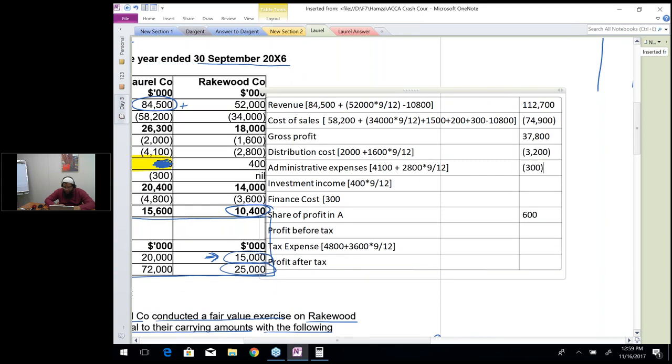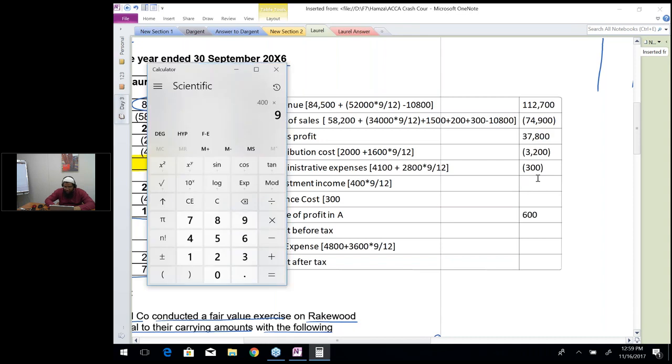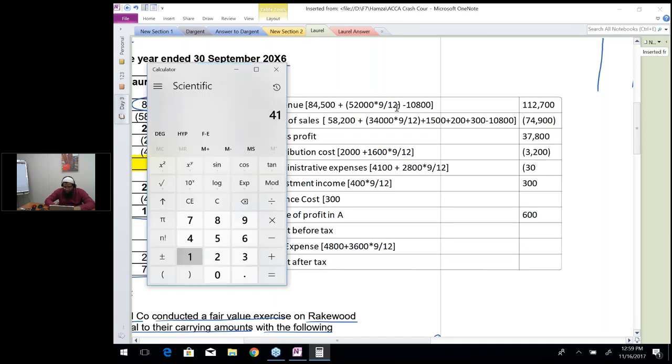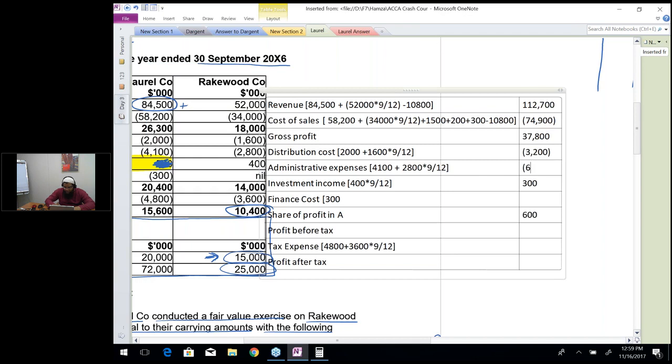So administrative expenses is going to be 300. Investment income is going to be 400 into 9 by 12, which is same. I think I've made some error. 4,100 plus 2,800 into 9 by 12 is going to be 6,200. So this is 6,200, and then the finance cost is 300, share of profit is 600.